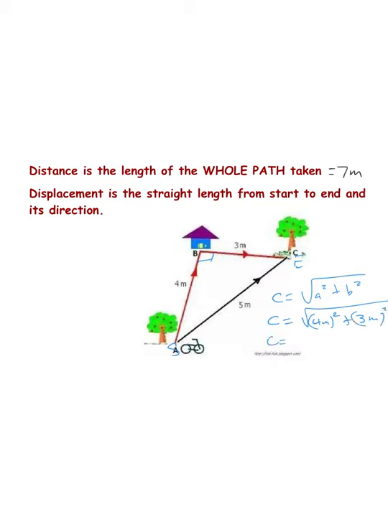So C is equal to the square root of 4 times 4, which is 16 meter squared, and 3 times 3, which is 9 meter squared. So C is the square root of 25 meter squared, and you guys know 5 times 5 equals 25. So we know the square root of 25 is 5 meter.